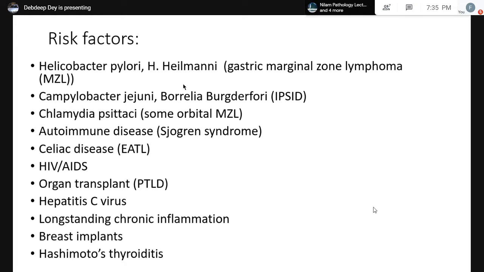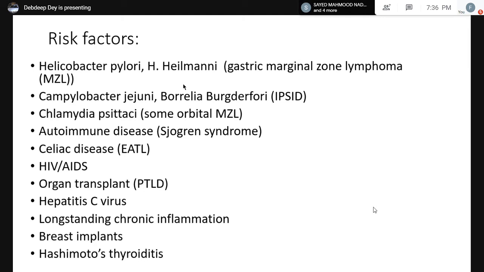Autoimmune disease like Sjogren's syndrome, SLE, can also result in this. So there's a spectrum of changes from lymphoepithelial lesion to Sjogren to SLE, where in the background of which an MZL can arise. Celiac disease, again, not very prevalent in our part of the world, but very common in the Western world, can cause enteropathy associated T-cell lymphoma.